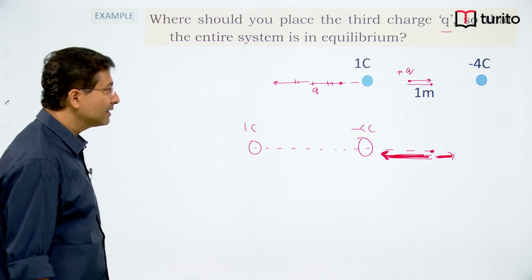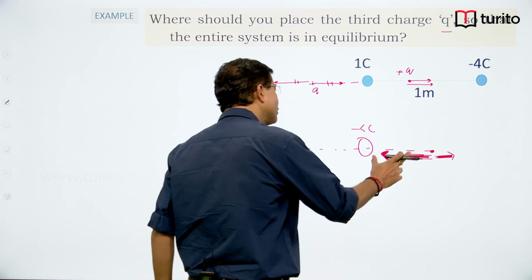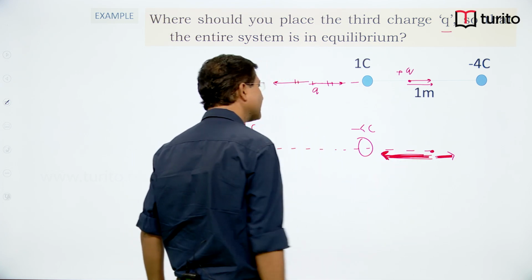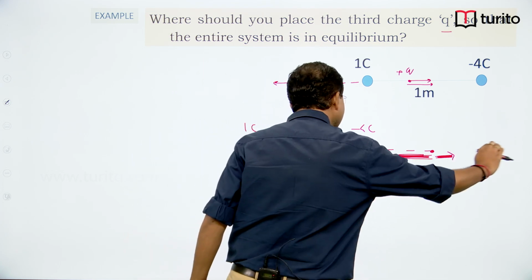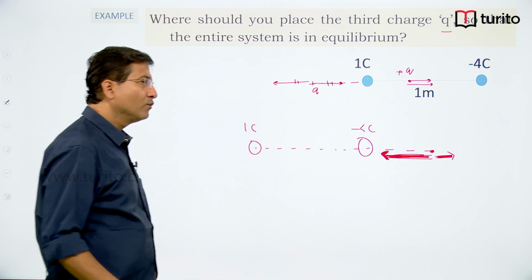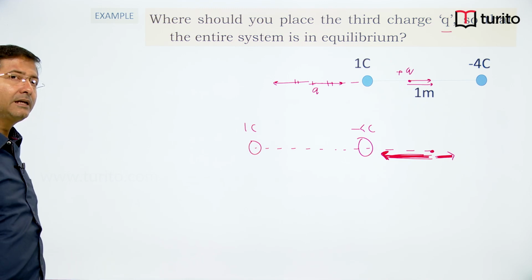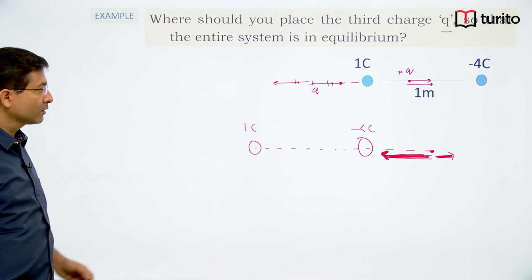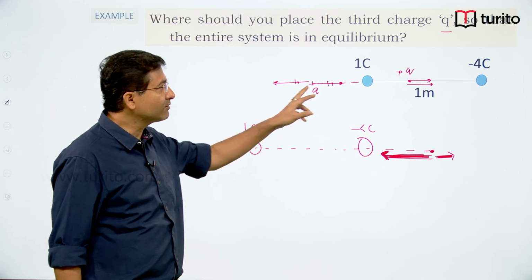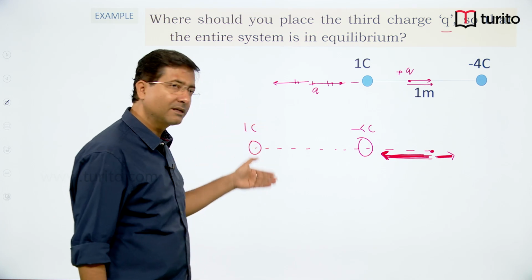As you can see, this smaller one will never be able to counterbalance this larger one. That means on this side there won't exist any point which will make the whole system in equilibrium. So, the only option left is placing the charge here. I hope the reasoning is clear.